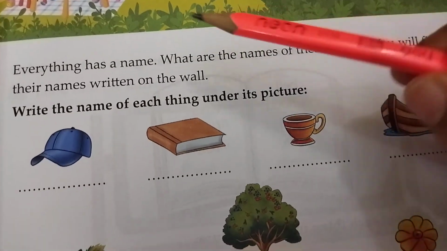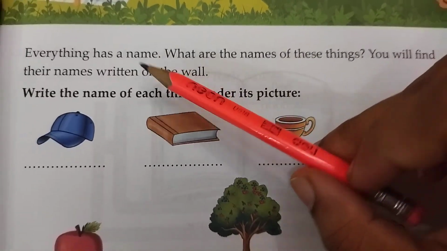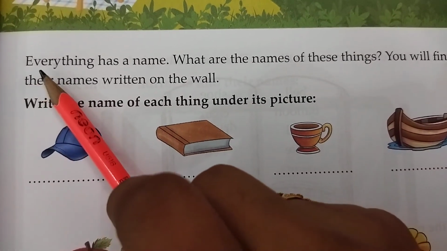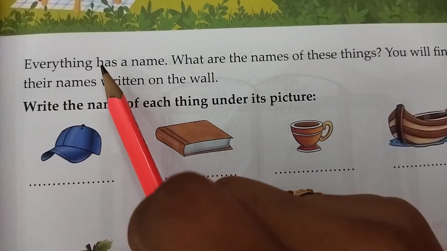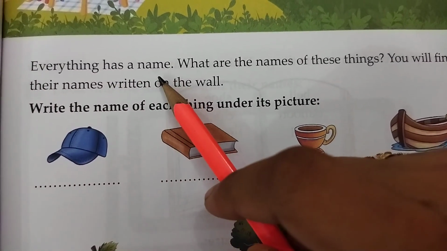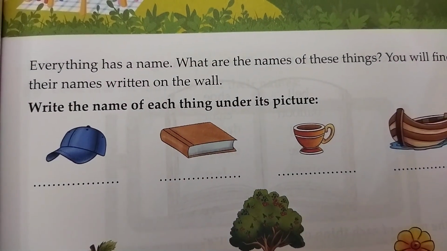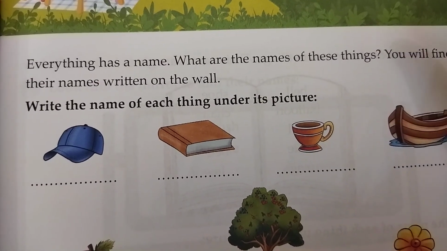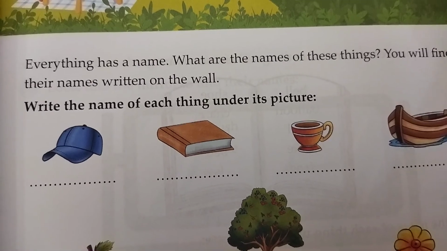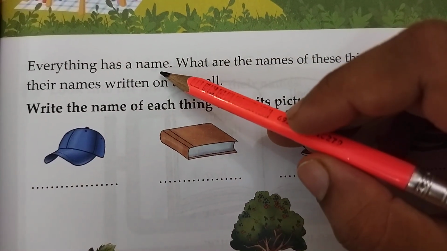First of all, let us read out what they are telling us here in this description. Everything, E-V-E-R-Y, everything has a name. Everything means everything that we see that is all around us has a name.